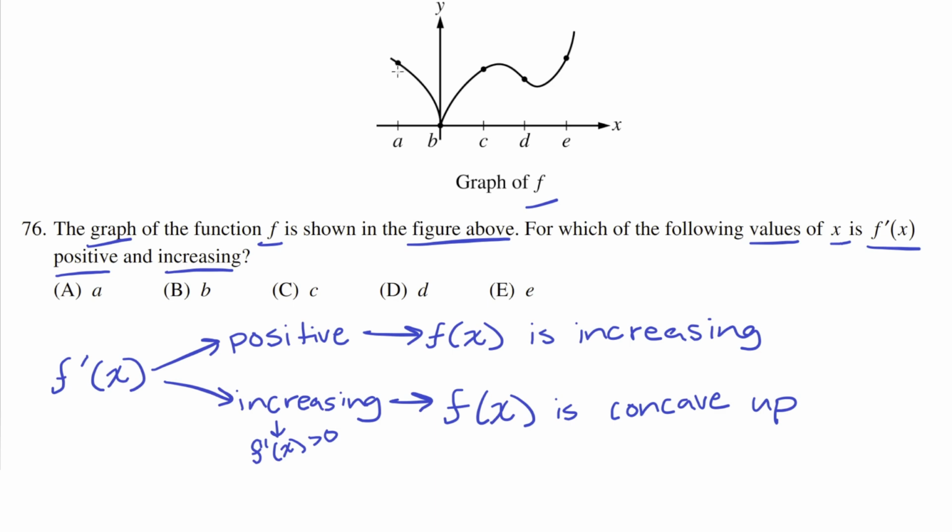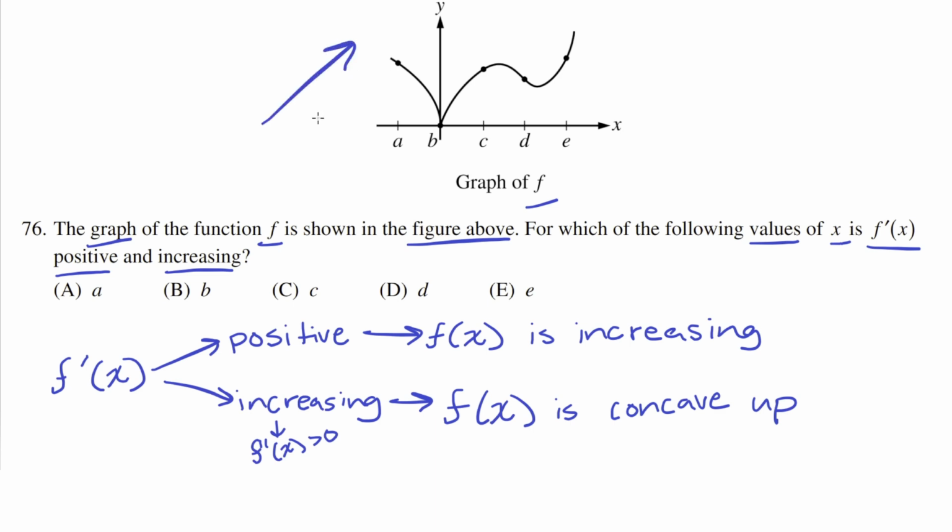Okay, so let's look at point A. Point A is on a region of the graph that is decreasing. Why? Because we see that the y value is going down instead of going up.